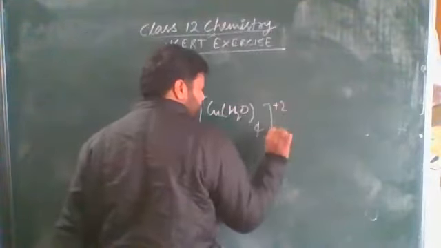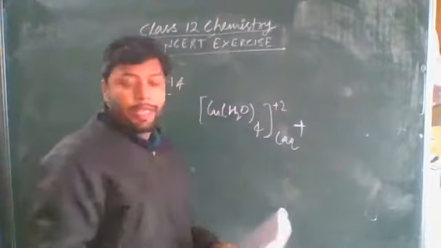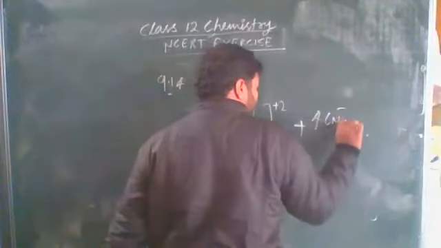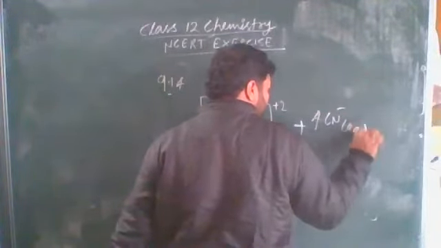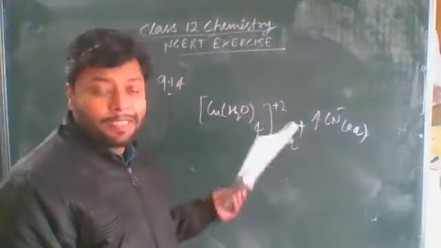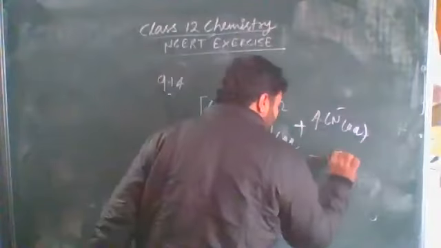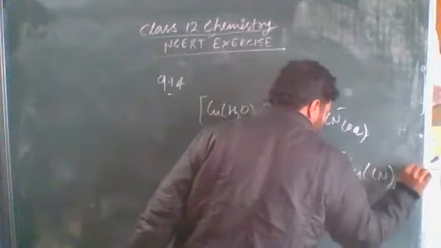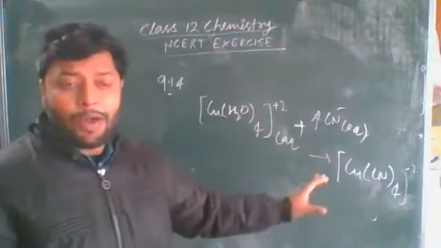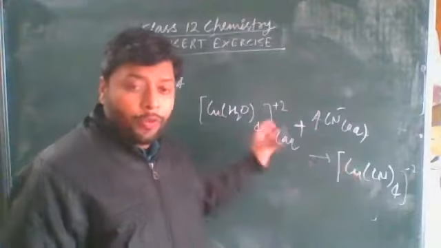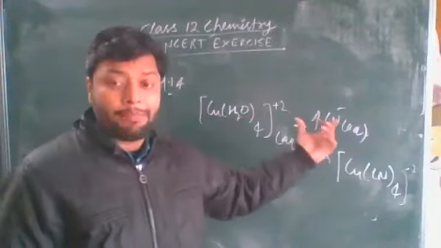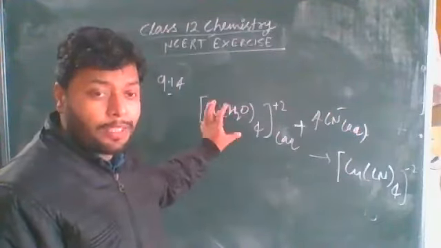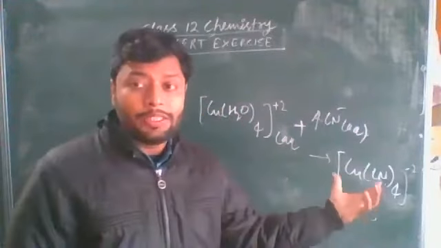Excess of cyanide is added, so 4CN⁻ will replace the water molecules, and there will be formation of this complex. So when aqueous copper sulfate is added with excess potassium cyanide, the cyanide ion will replace 4 water molecules from the complex and will give you this complex.